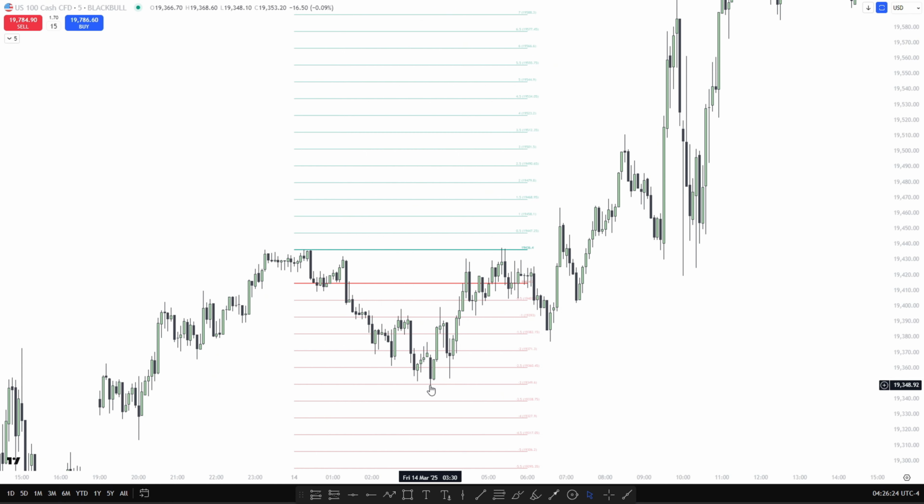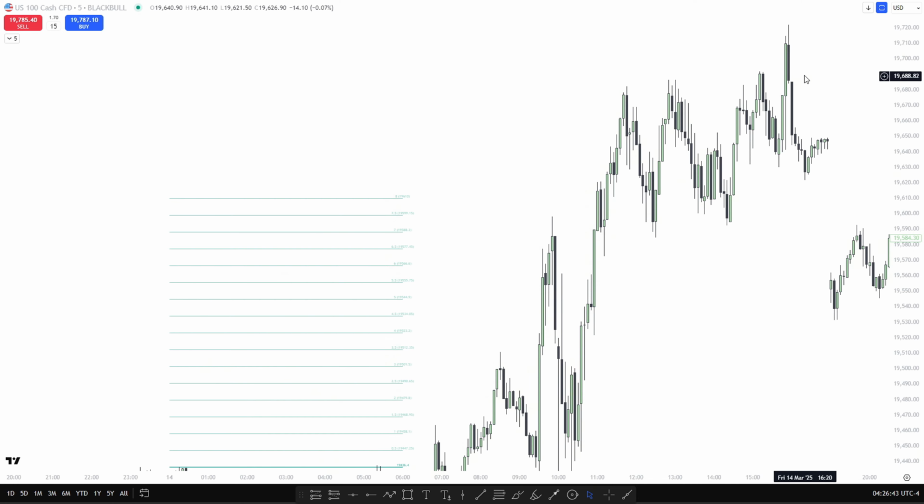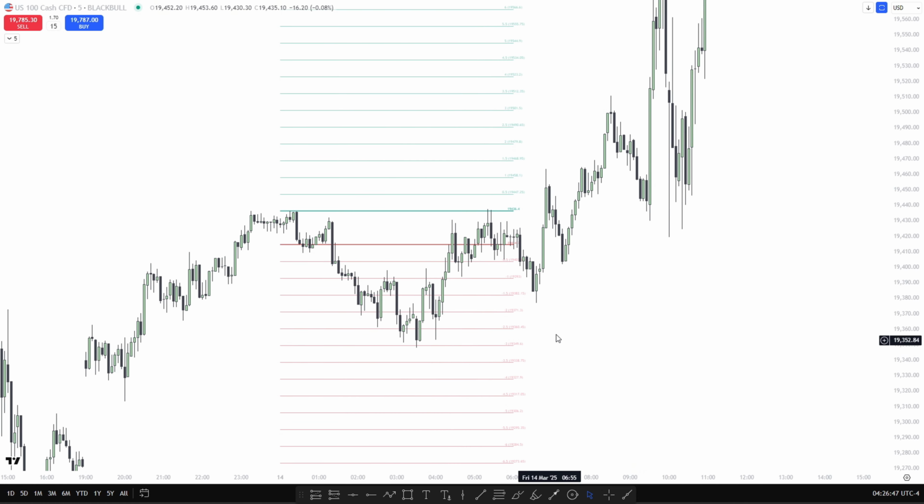Golden ticket, as ICT calls it. And what happens then? Woohoo! We go up and up and up and up and up to here, 3:50 p.m., when we reach the top of the daily candle.